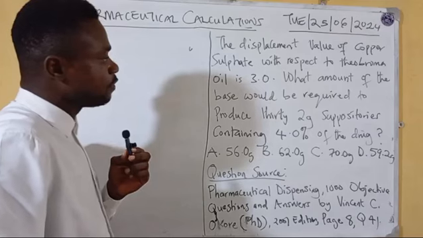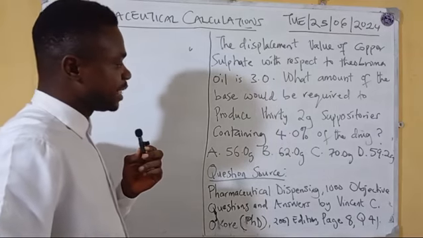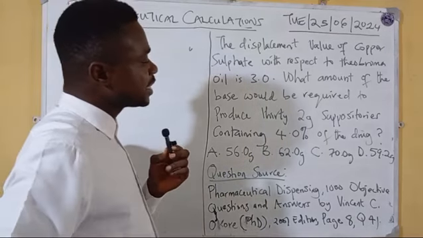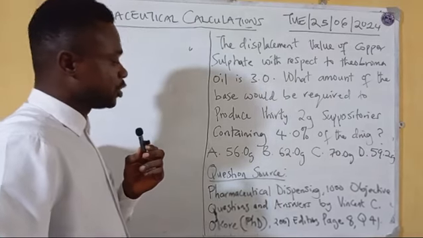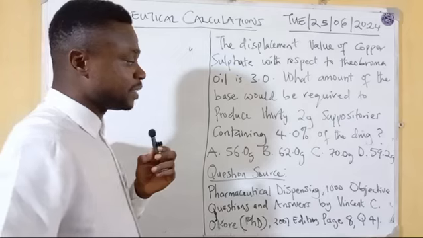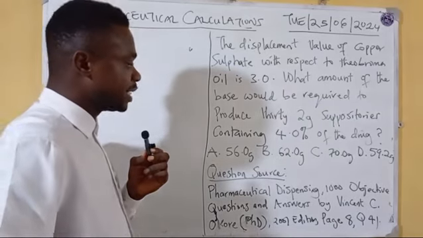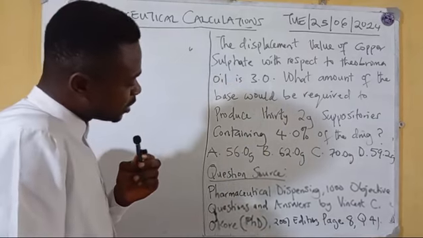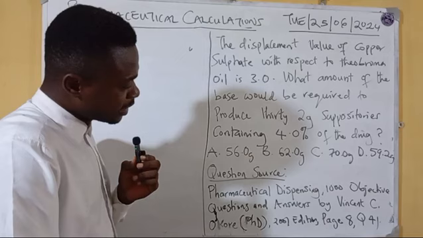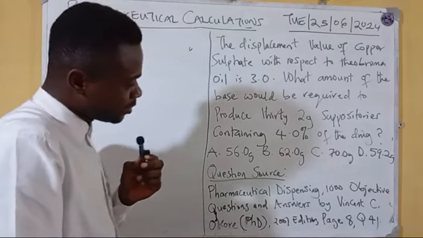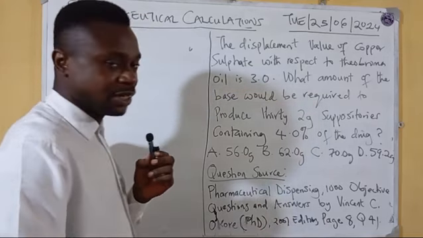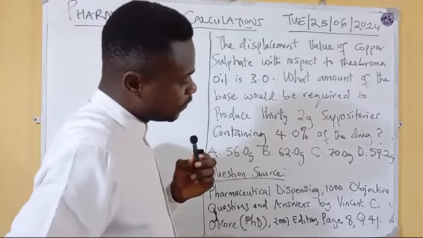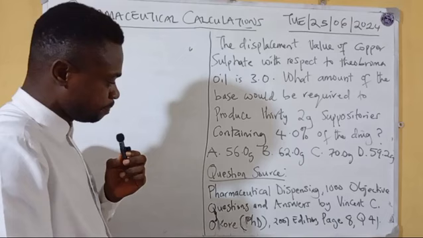What amount of the base would be required to produce 30 two-gram suppositories containing 4.0% of the drug? Option A, 56.0 gram, B, 62.0 gram, C, 70.0 gram, D, 59.2 gram.